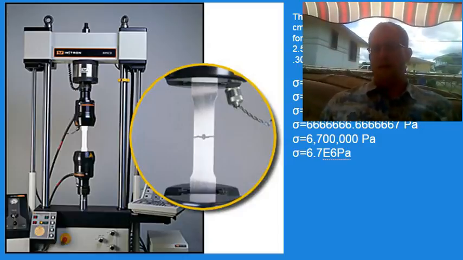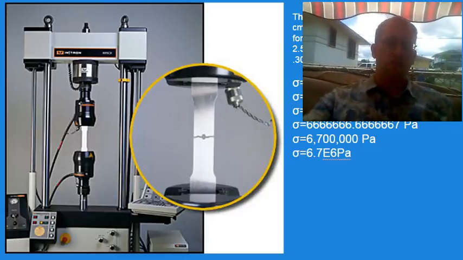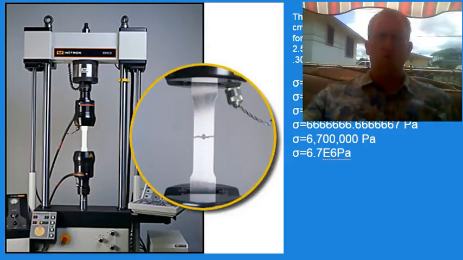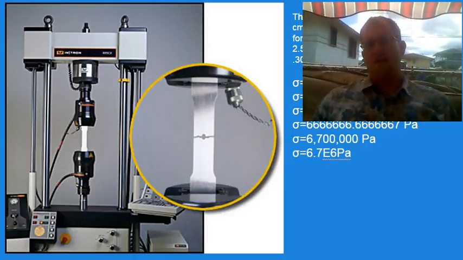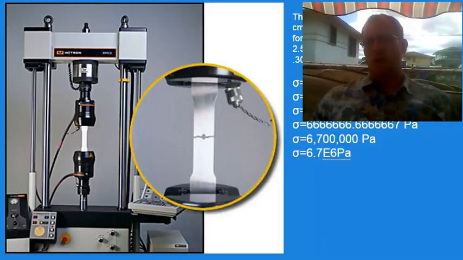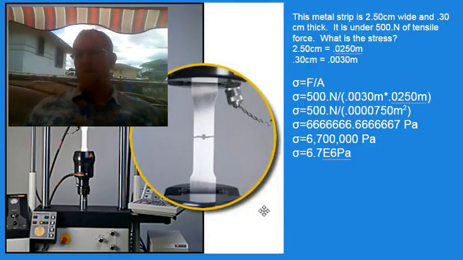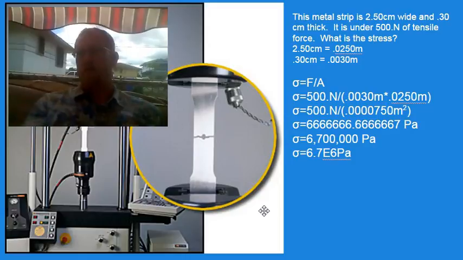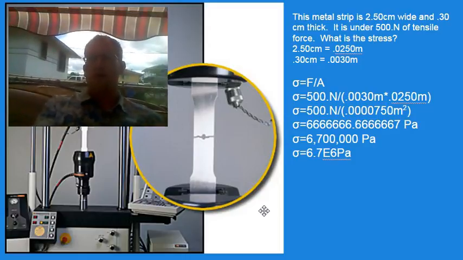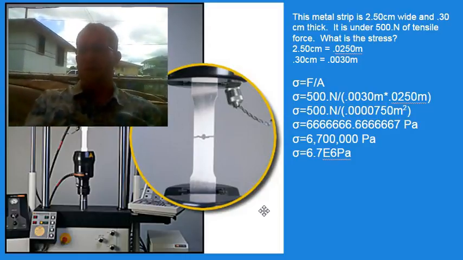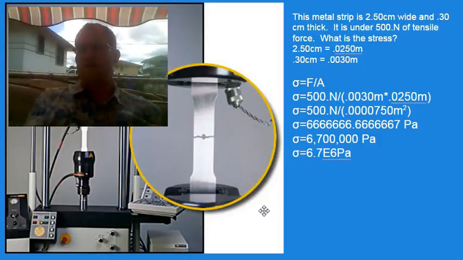So here we have a tension force machine, putting a particular amount of tension on this little metal strip. So again, I'm going to move myself over here. That's better. This metal strip is 2.5 centimeters wide and 0.3 centimeters thick, and it's under 500 newtons of tensile force.